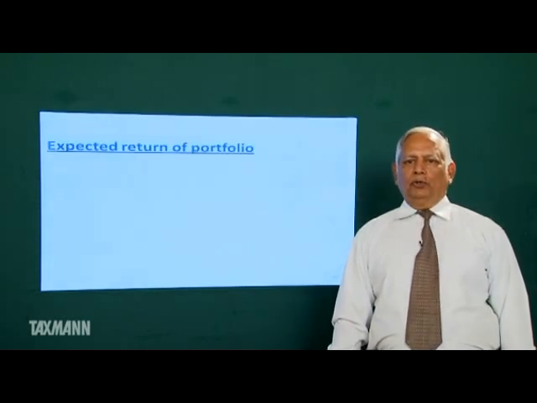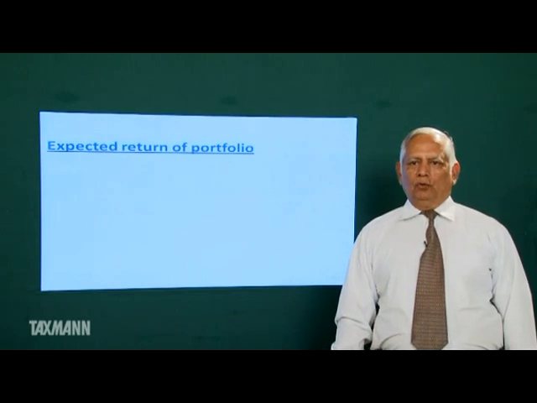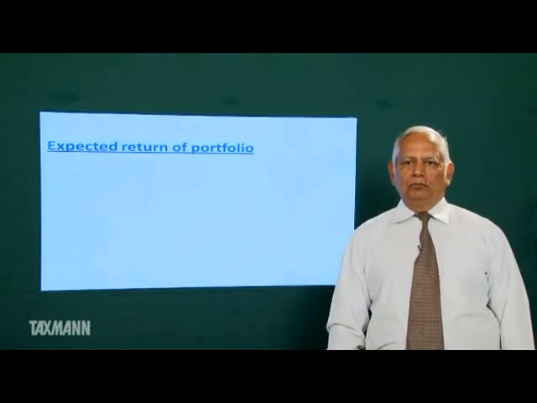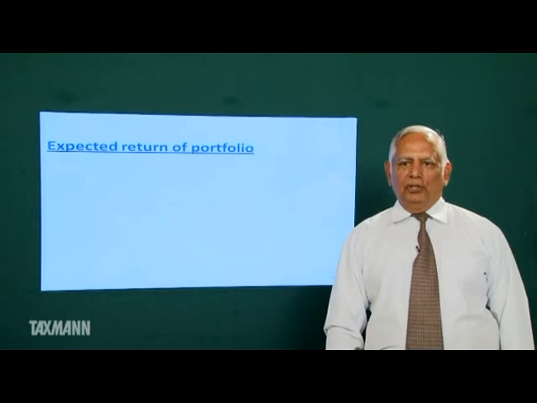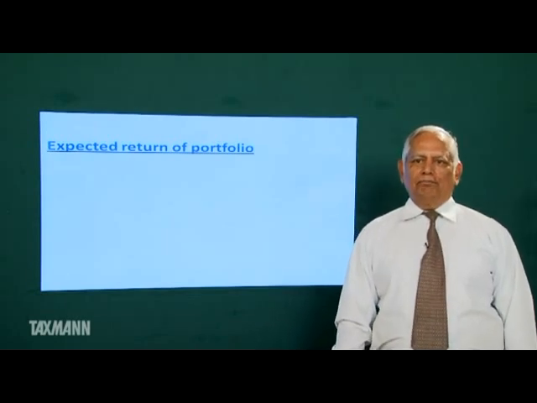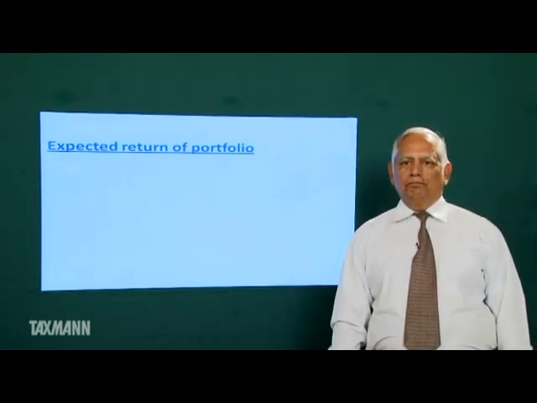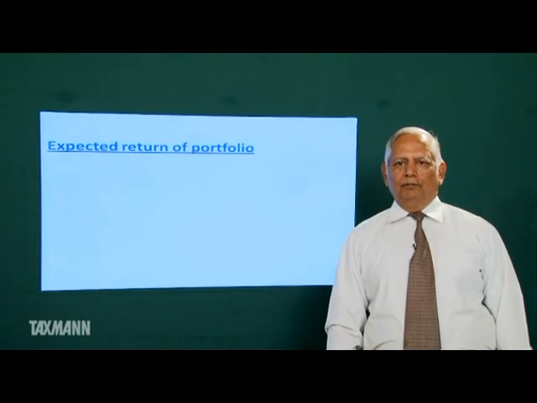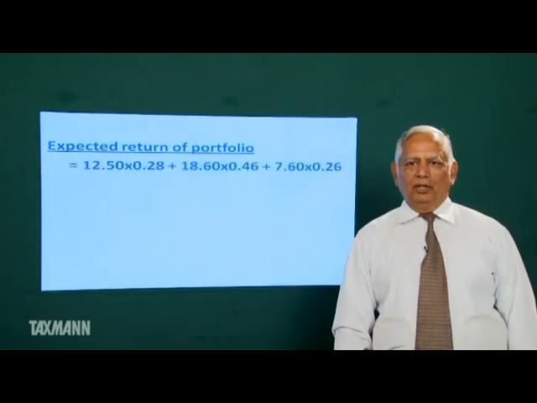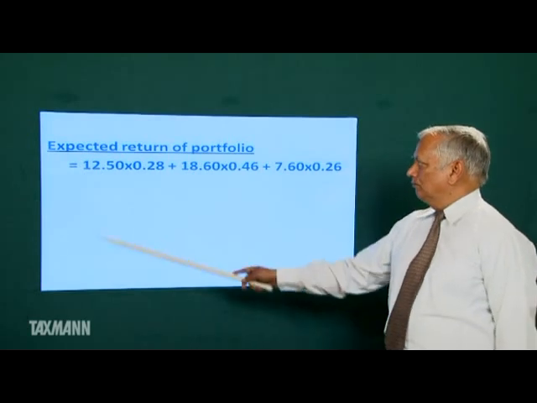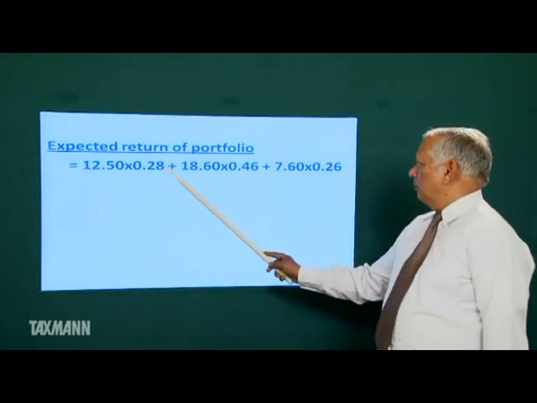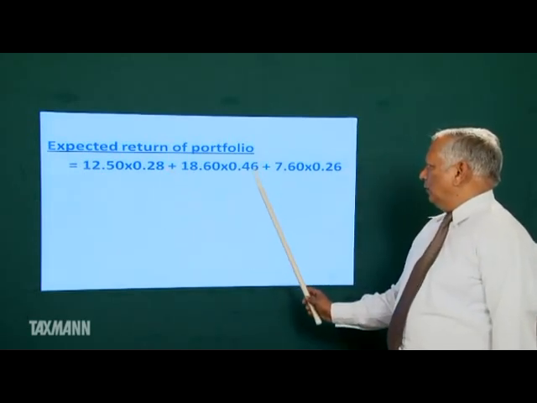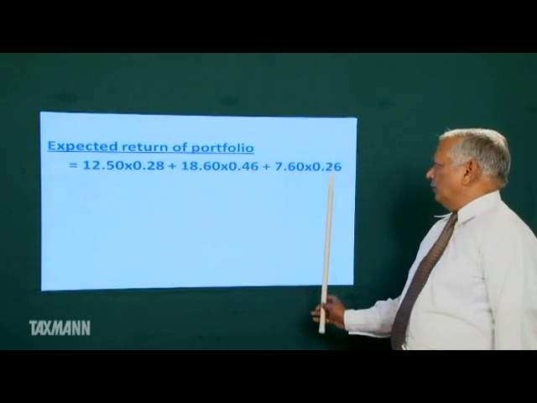Expected return of the portfolio. We have constituted a portfolio in which A is there, B is there, risk free is there. We are given the weights, 0.28, 0.46 and 0.26.